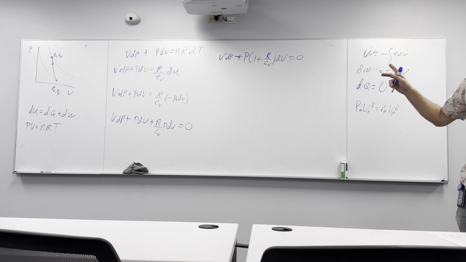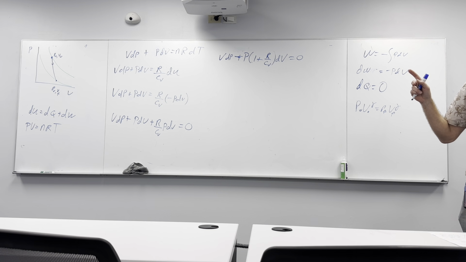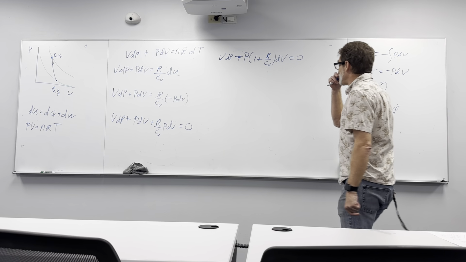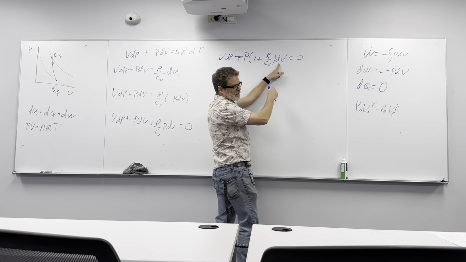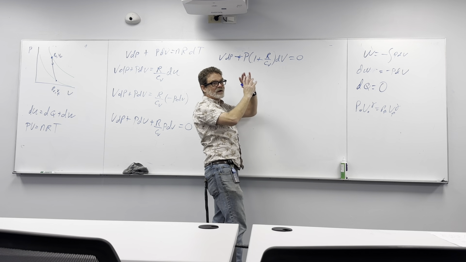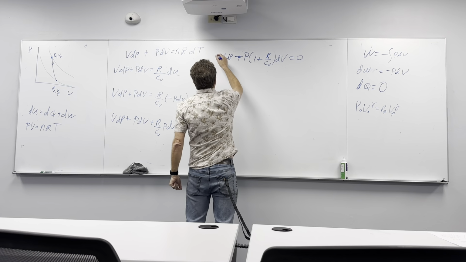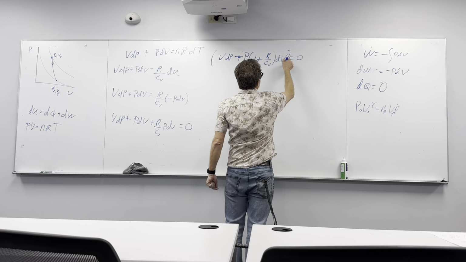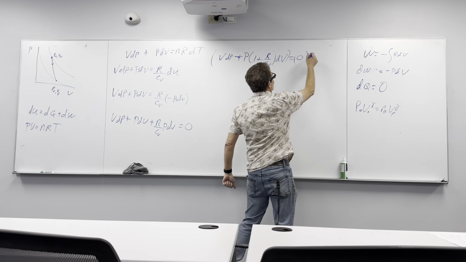Because I got dP, dV, but I got the V's and the P's mixed up. If you see that, right? If I want to integrate this thing, I got a V times a P here, and here I got a P times a V. So I want to separate it. I want to get all the P's together and all the V's together. So how do I do that? I multiply both sides of the equation, because what I do to one side I can do to the other, right? By 1 over PV.